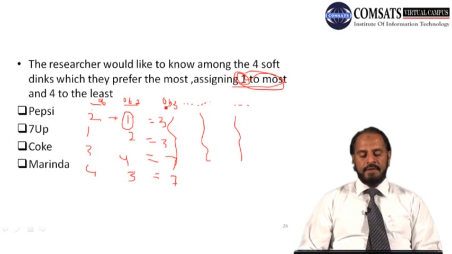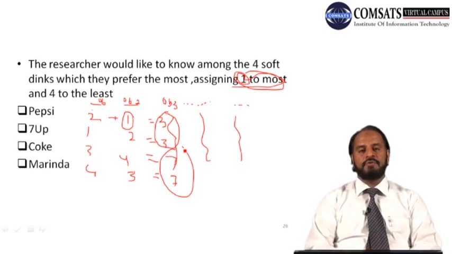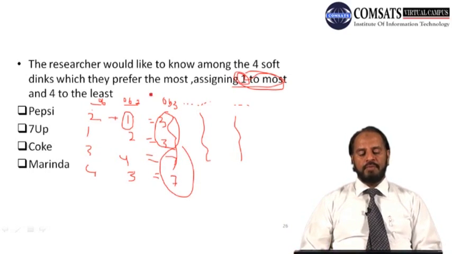So according to this, these 2 are to be ranked first and these 2 ranked second, because we're looking for the lowest. The soft drink which accumulates the lowest score is the most preferred among the 2 observations here. But we need to do that over the other observations as well.